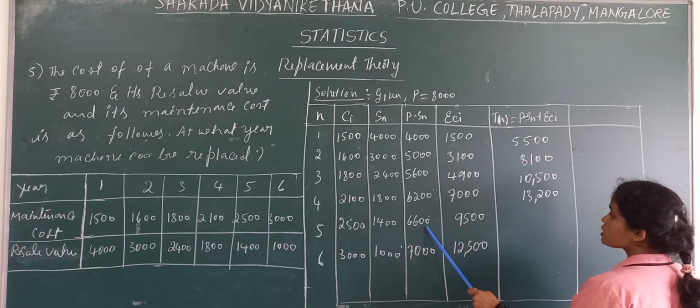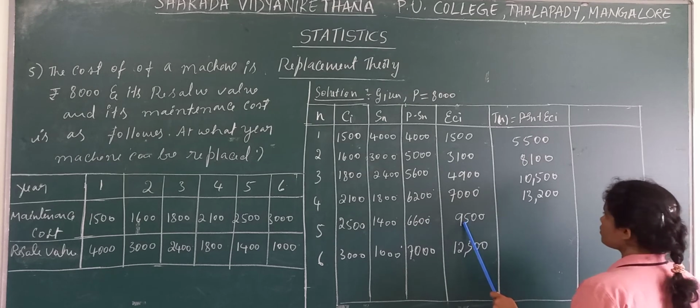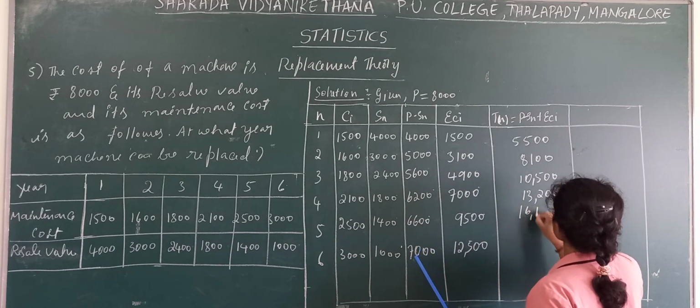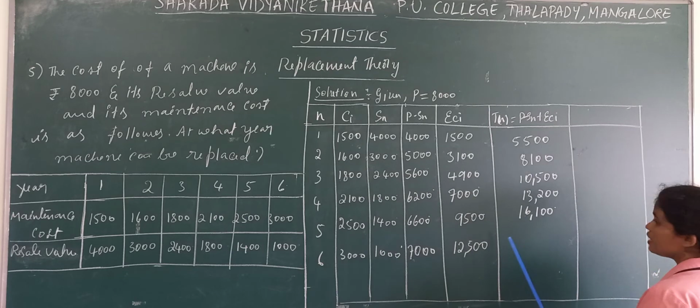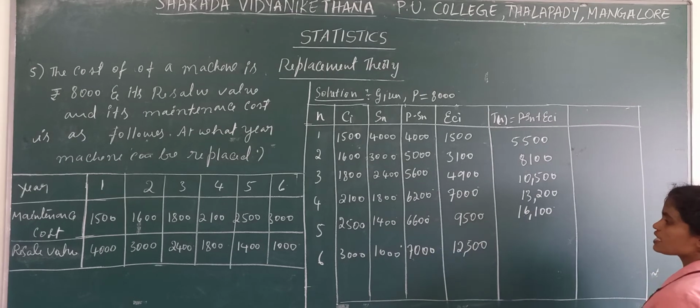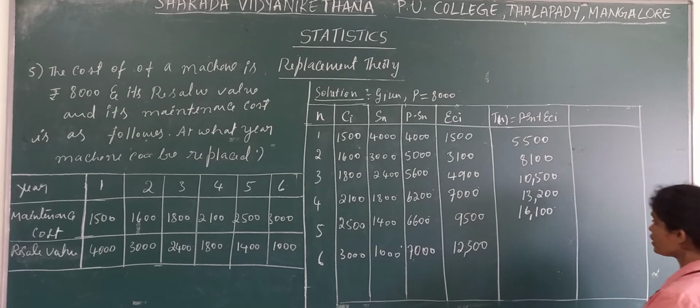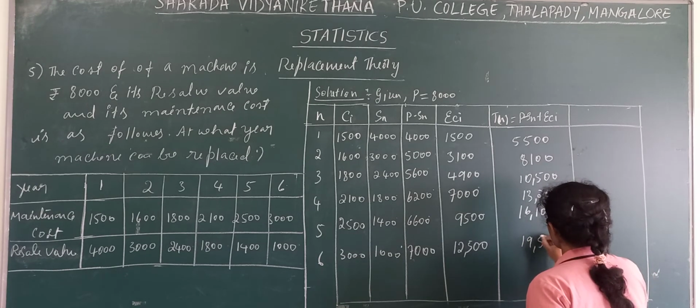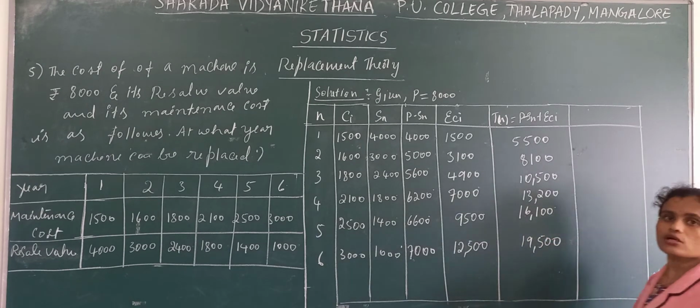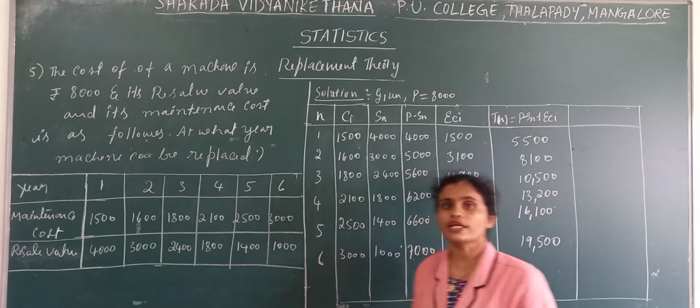Next 6,600 plus 9,500, we get 16,100. Next 7,000 plus 12,500, we get there 19,500. This is the total cost of that machine in different years.